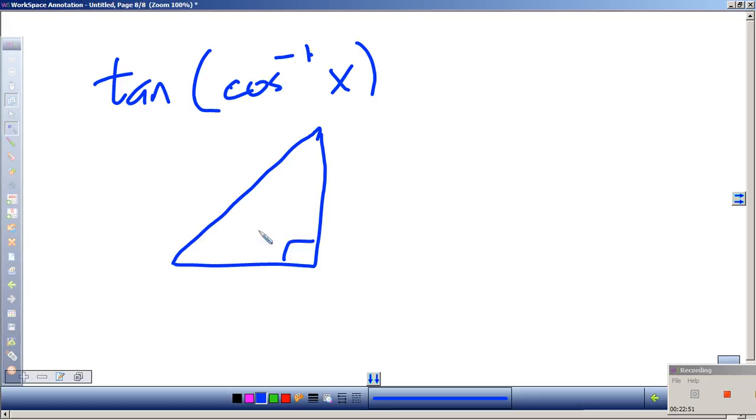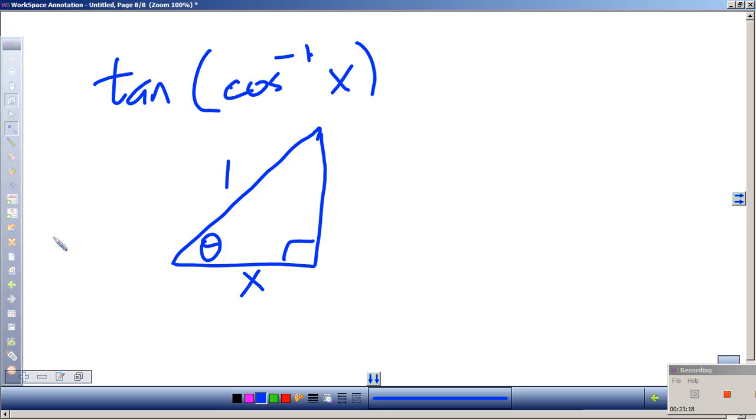And what is cosine in terms of opposite, adjacent, hypotenuse? Adjacent over hypotenuse. So I'm going to put my angle down here just to make it fit with the unit circle. Now, adjacent over hypotenuse is x over 1. That's because of the cosine part.